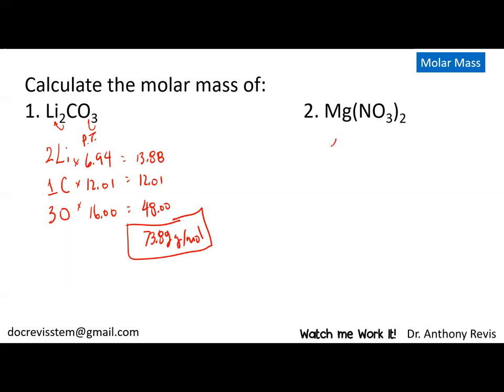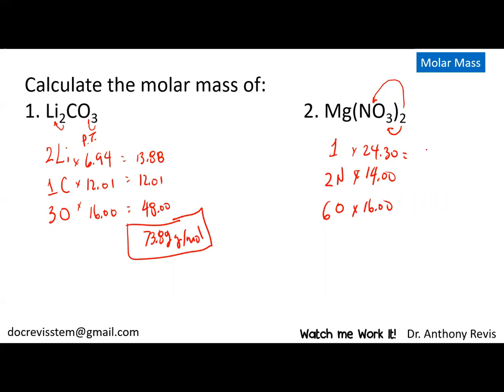Here I have magnesium nitrate, so I have one magnesium, but now the nitrogen gets a little tricky because I have to do the two times that. So two nitrogens, and then I have to do the three here for the oxygen. So that's six oxygens times 16.00. This is going to be times 14 or whatever number I have there. And then we have magnesium here is going to be 24.3.